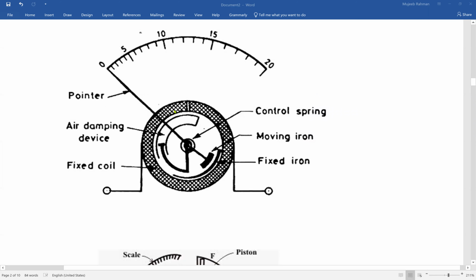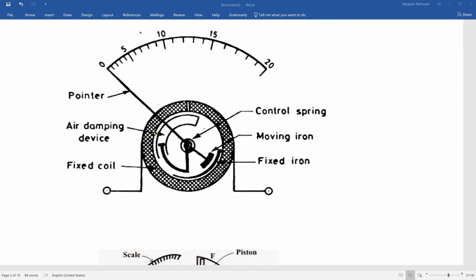What you can see in this diagram are the electromagnets. These electromagnets are also called fixed coils, and to these fixed coils the current or voltage that is to be measured is applied.